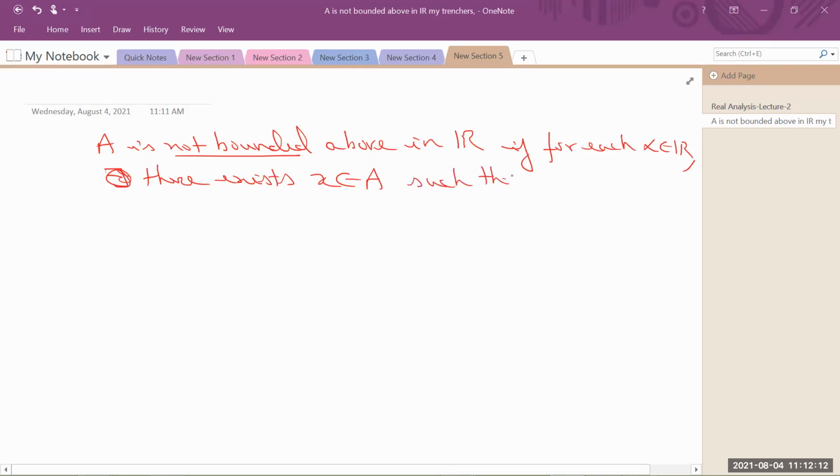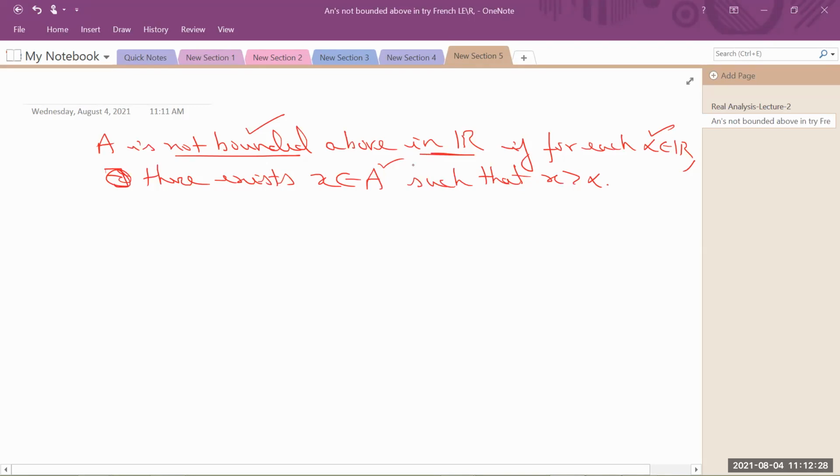So whatever alpha you choose, I have at least one member from the set which exceeds that alpha. So this implies that A is not bounded above in the set of reals.